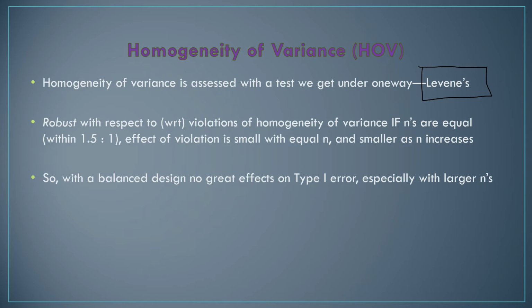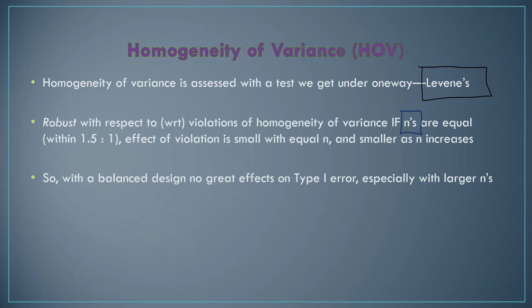Now, one way to better ensure that you're meeting this homogeneity of variance assumption is to have all of your sample sizes across your groups be as equal as possible.